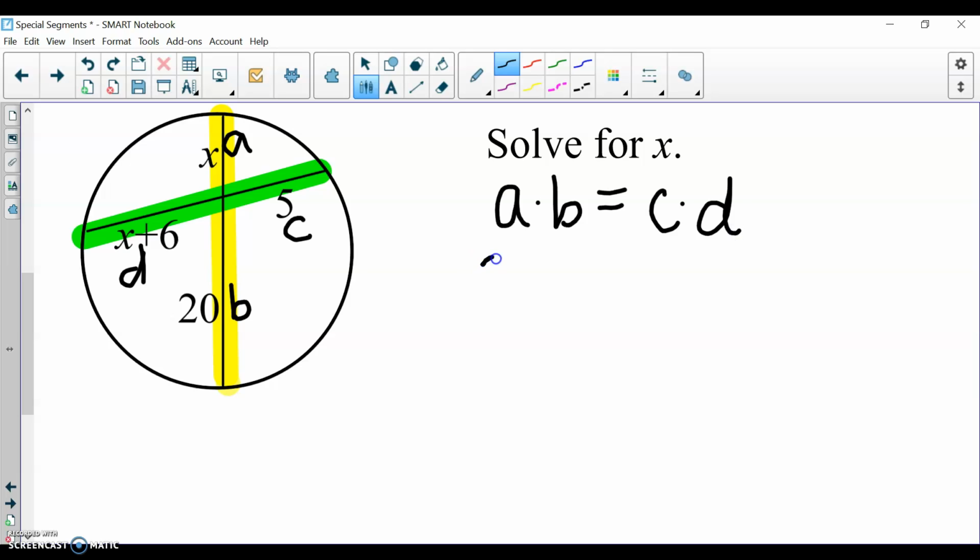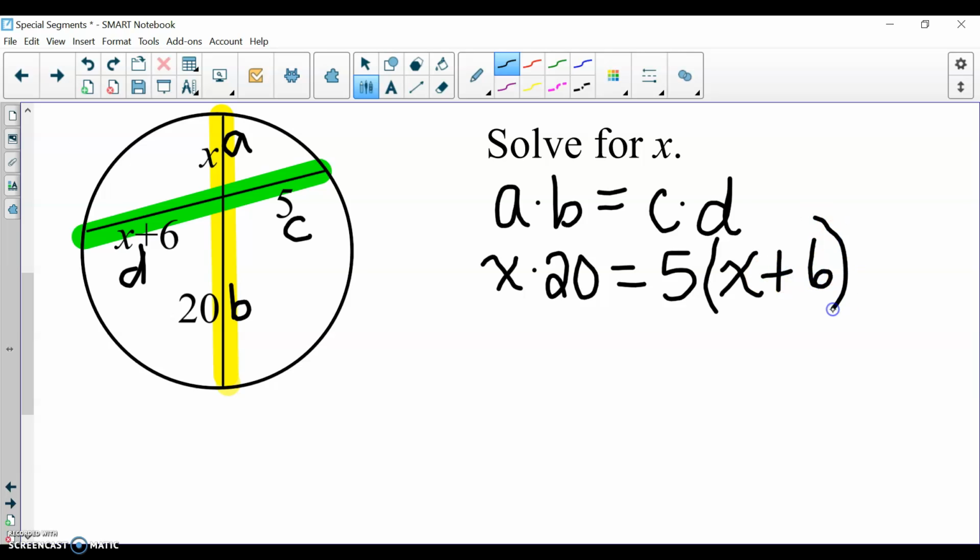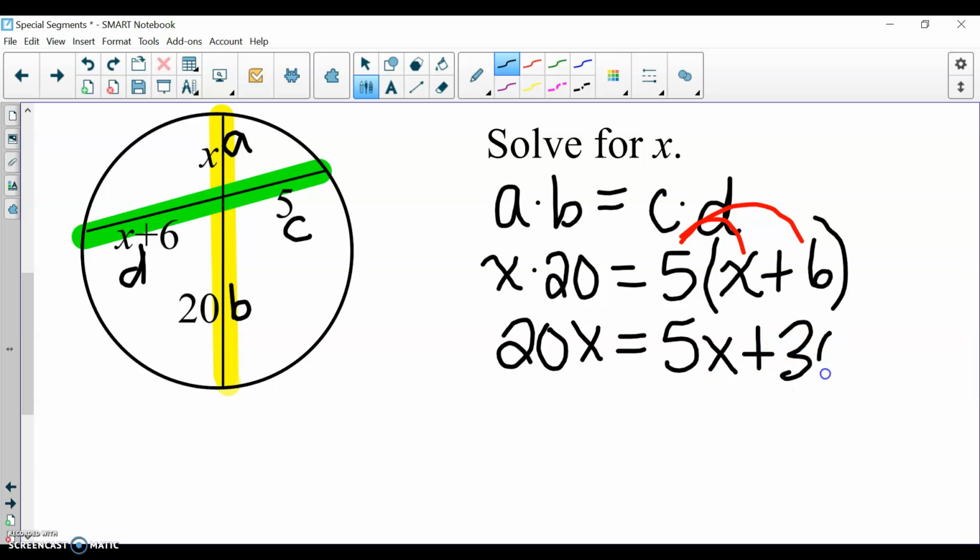So substituting, we have A is x, B is 20, C is 5, and careful here, D is a binomial, so we have to make sure that 5 gets multiplied to both of those parts. So we do need to distribute the 5 when we solve. So x times 20 is just 20x, 5 times x is 5x, and 5 times 6 is 30.